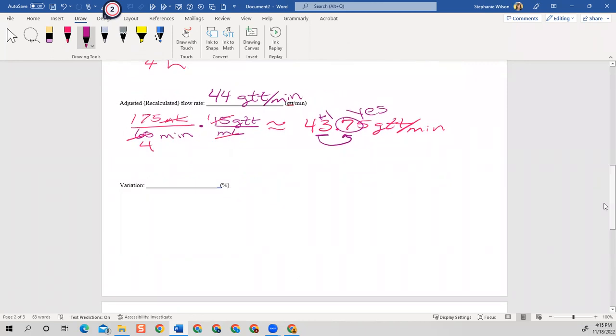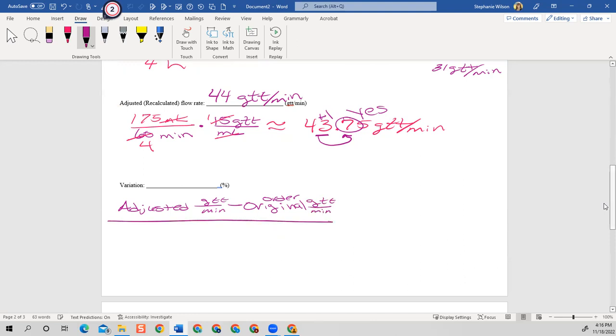So the formula for this is my adjusted drops per minute, and I'm going to write the number 31 for my original right here, minus my original, or you can call it your order, if you want to call it order, you can, drops per minute, all divided by the original, or again, the order, drops per minute, all times 100%.